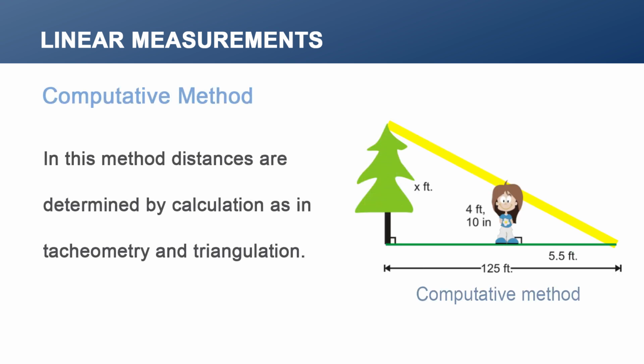Now, the next one, that is computative measurement. This is where things get a bit more mathematical. Instead of physically measuring the distance, we calculate it. This method is used in techniques like tachymetry and triangulation. Simply visualize you are a surveyor working on a large field.